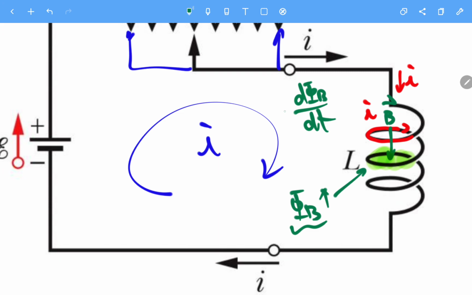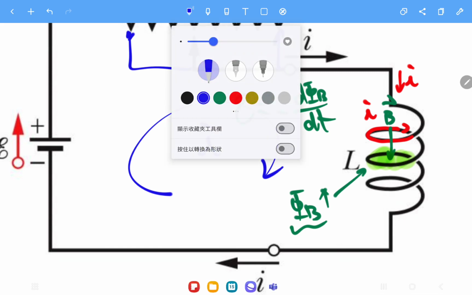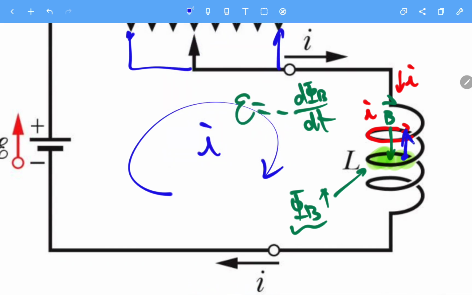So according to Faraday's law, we should have an induced EMF. This B is pointing downward and increasing, so for the second turn, it should generate a B induced pointing upward to cancel this change, according to Faraday's law.